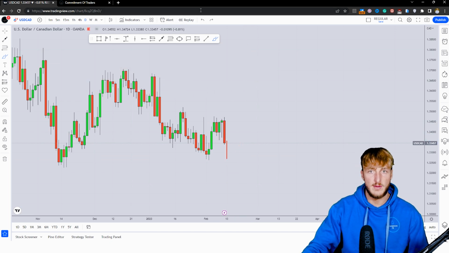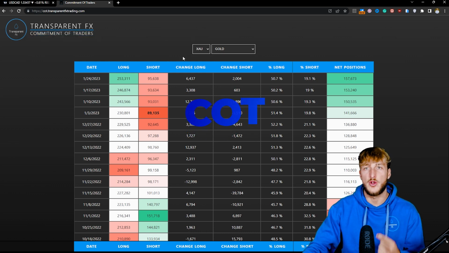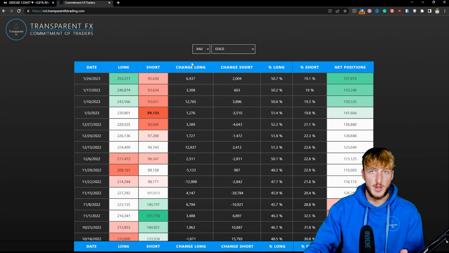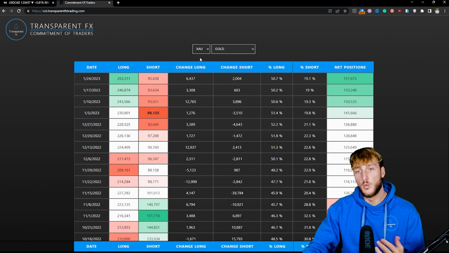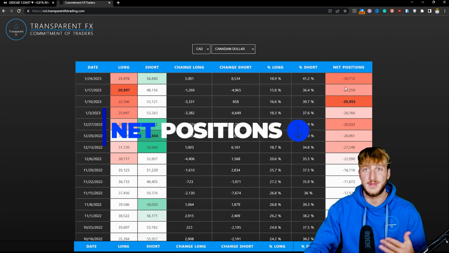If we go and see what we have when it comes to the commitment of traders, so the COT data, which is what the non-commercials, so the biggest speculators in the market are doing, which are essentially hedge funds, what we can see by looking specifically at the CAD is that with the last reports, net positions have continued to get decreased.